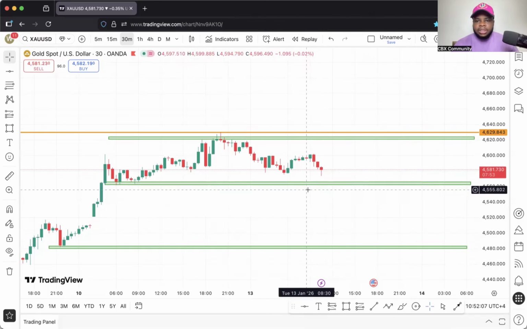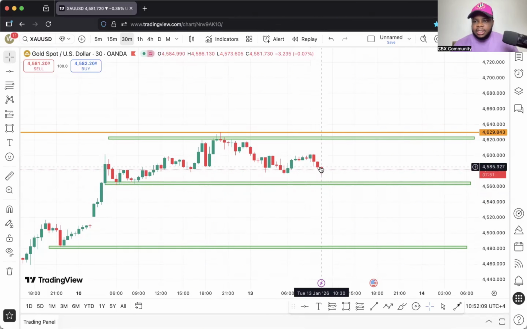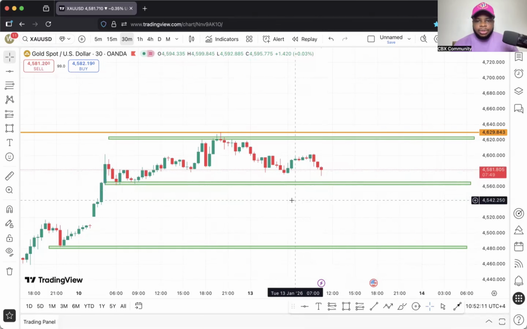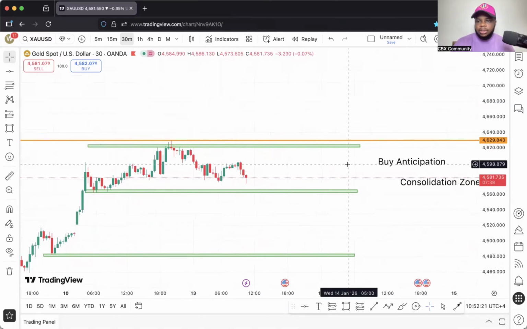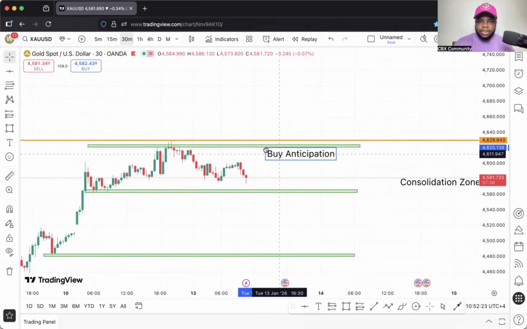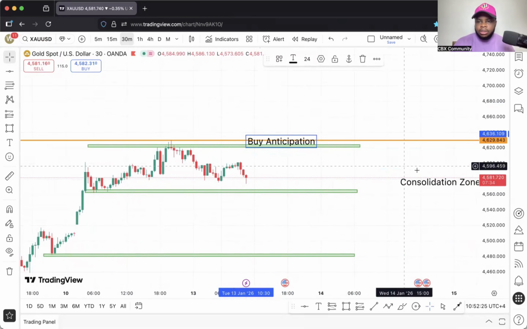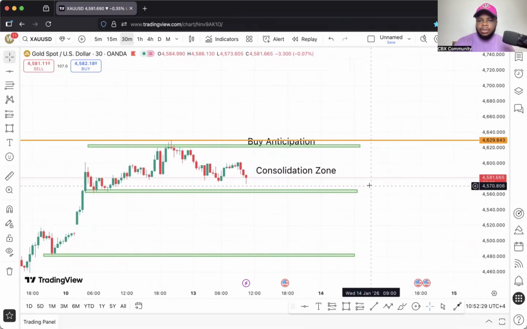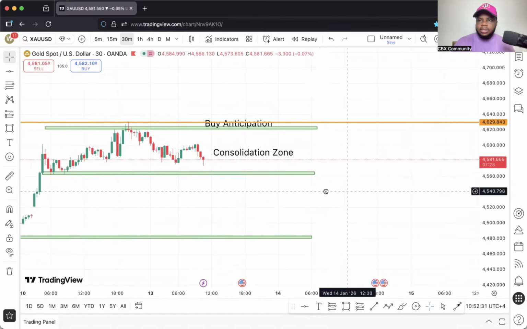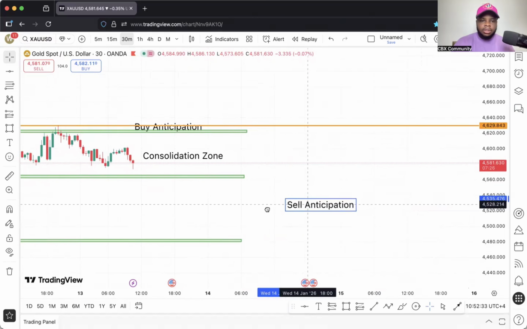Let's see how this recent 30 minutes candle will close. So our buy anticipation is here. We have a consolidation zone over here. Then our sell anticipation is here.